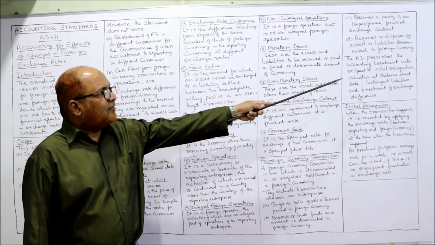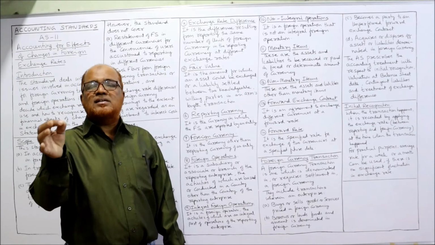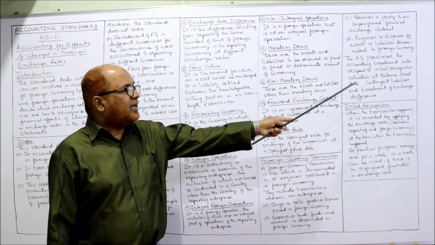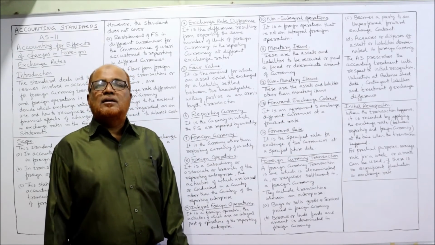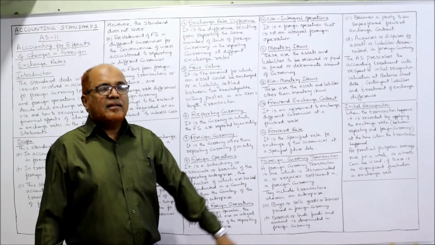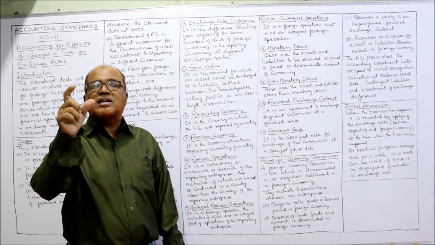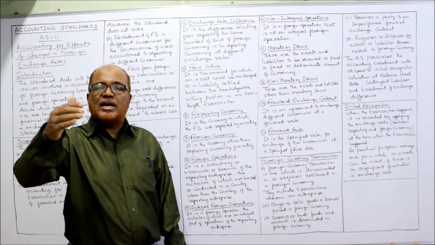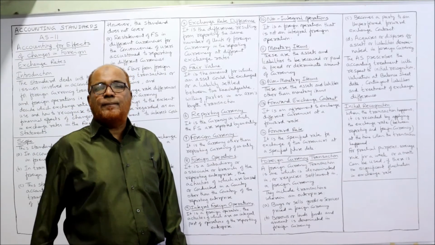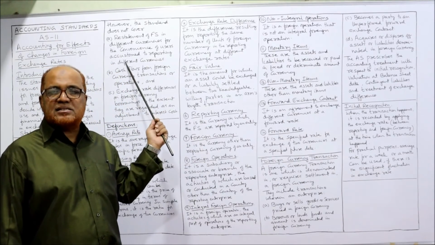Secondly, valuation at the balance sheet date: we have to find out the expenses, incomes, assets and liabilities on the balance sheet date. Thirdly, contingent liabilities, the liabilities which are dependent on some condition. Lastly, the treatment of exchange differences. That means the exchange rate will not remain constant, it will change from time to time. So what is the effect of these changes in exchange rate?